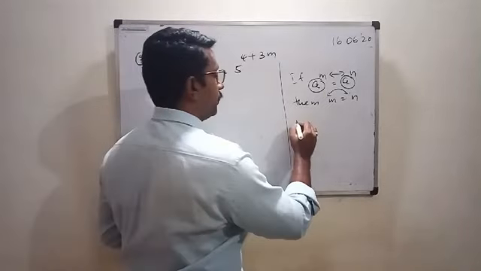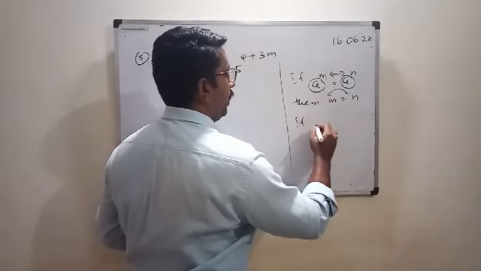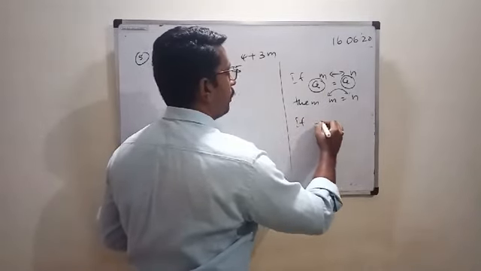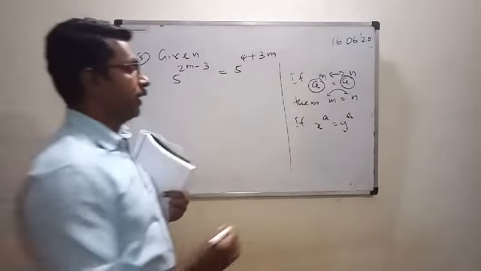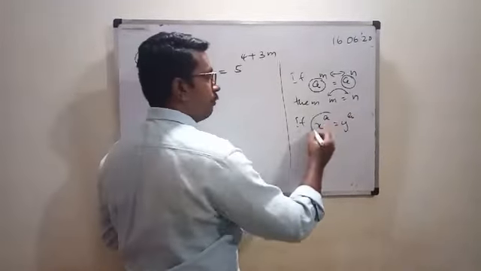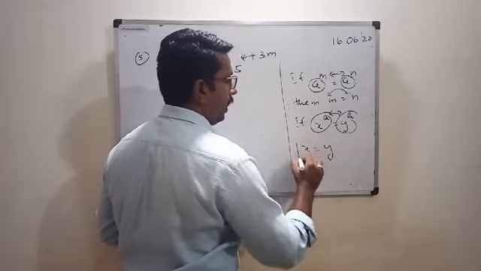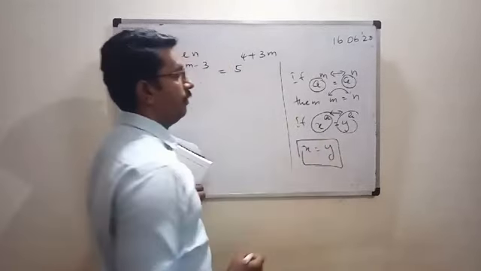Next one: if x to the power a is equal to y to the power a, two exponential numbers having the same power, then their bases are equal. Very important, these two.